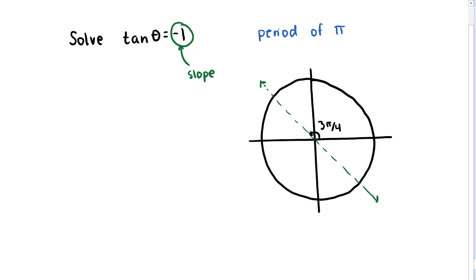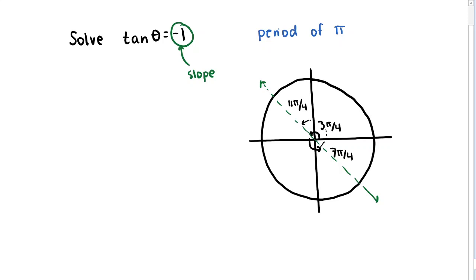And if I added on pi, I would end up with another angle that gives us a tangent of -1, right here at 7 pi over 4. If I tacked on another pi, I would end up at 11 pi over 4. And we would get, again, another angle which has a slope of -1.